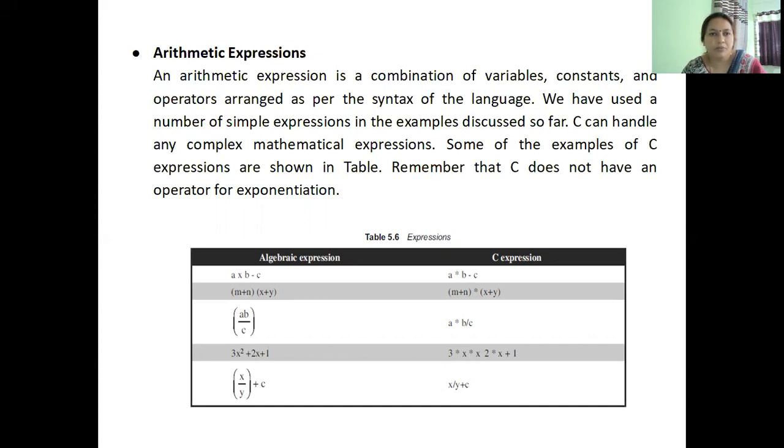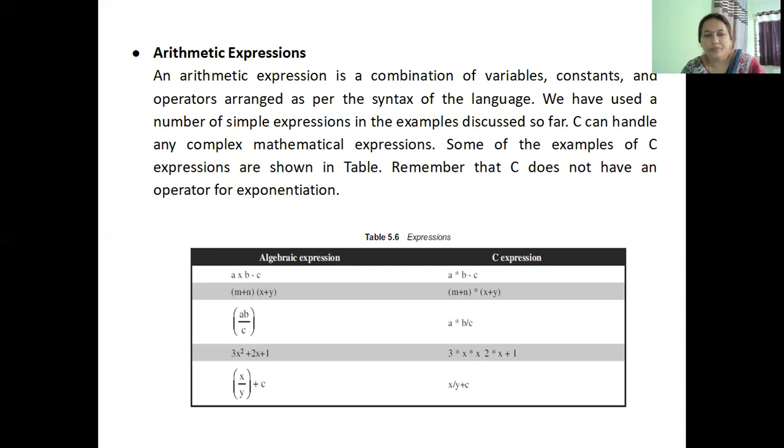An arithmetic expression is a combination of variables, constants, and operators, particularly the arithmetic operators plus, minus, into, slash, and modulus. So these variables, constants, and operators are arranged as per the syntax of the C language.